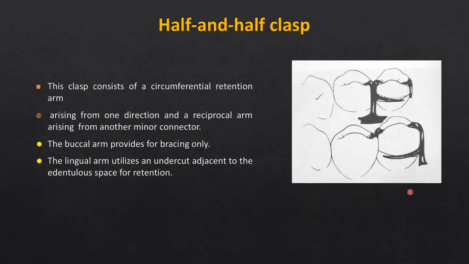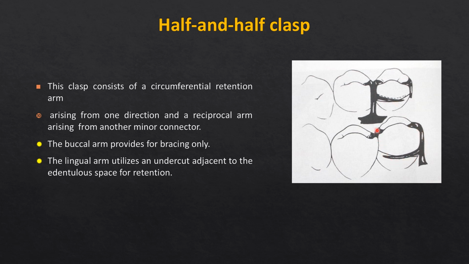Next is a half and half clasp. A half and half clasp is a disjointed clasp. In all the other clasp assemblies, the retentive arm and the reciprocal arm are attached to one common minor connector, whereas here we have two minor connectors. One is attached to the reciprocal arm, the other is attached to the retentive arm.